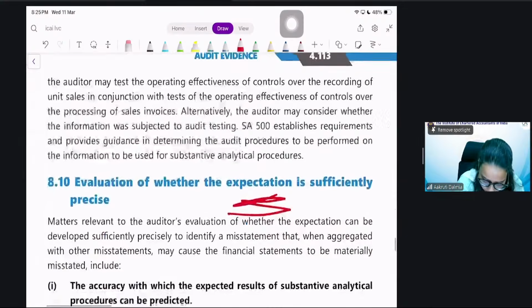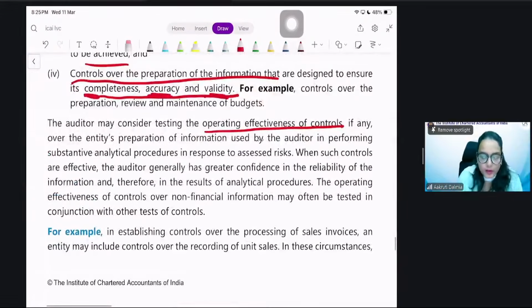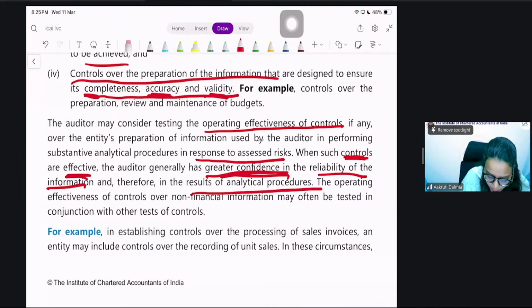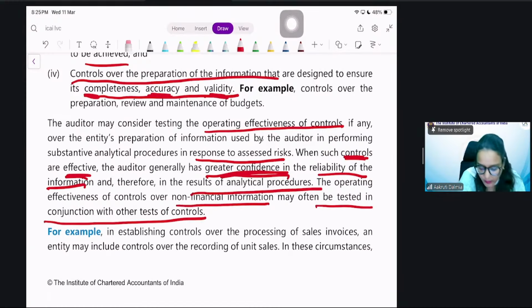Okay. So where were we here? So the auditor may consider testing the operating effectiveness of controls over the preparation of information used by the auditor in performing substantive analytical procedure in response to assessed risk. When such controls are effective, the auditor has more confidence in the reliability of information and therefore in the results of the analytical procedure. The operating effectiveness of controls over non-financial information may often be tested in conjunction with other tests of controls.